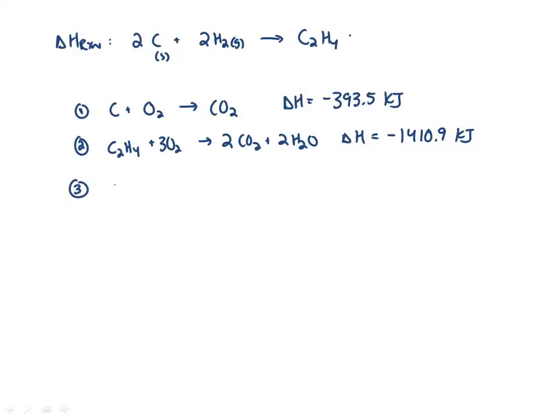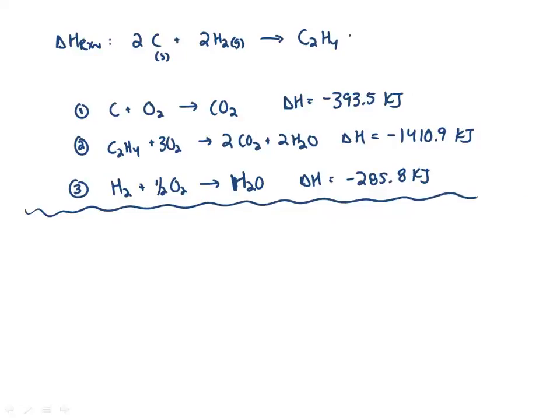And then we have hydrogen gas plus half an oxygen gas goes to form water. That's our pretty standard reaction to make water. Delta H for that is minus 285.8 kilojoules. So the idea is we need to use those three reactions in some order in order to solve it. So does anyone have a guess where we should start?